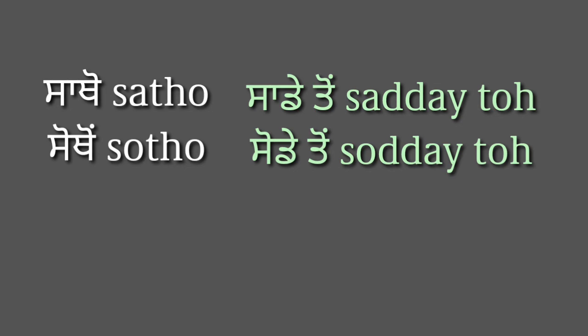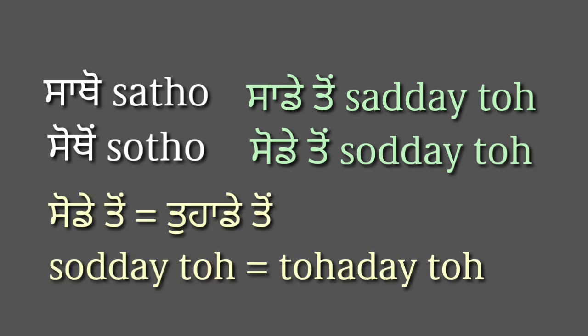And sodeton, probably most of you don't even know what sodeton means, right? It is actually a colloquial way to say tahaddeton. So we don't say tahaddeton, we say sodeton. And as a shortcut, we just say sothon, all right? It means from you.